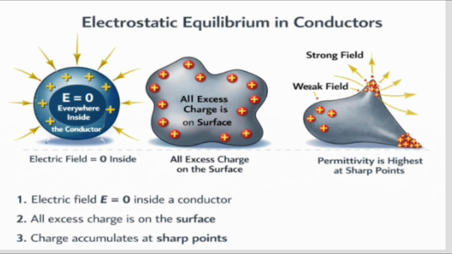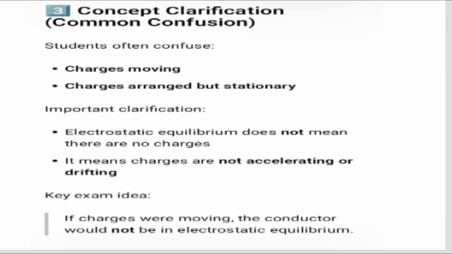Now there is one concept that you should know. Students usually confuse charges moving with charges arranged but stationary. Electrostatic equilibrium does not mean that there are no charges. It just means that charges are not accelerating or drifting.